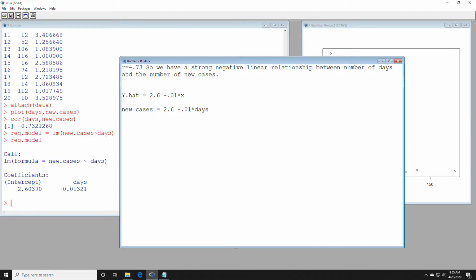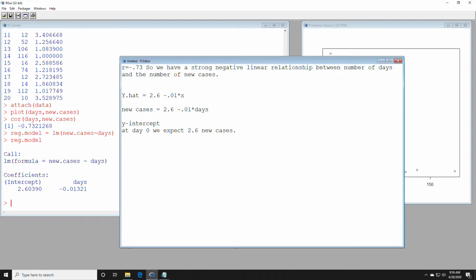And so I might as well just go through the whole thing here, interpreting these things. So basically, interpreting the y-intercept. At day 0, we expect 2.6 new cases.